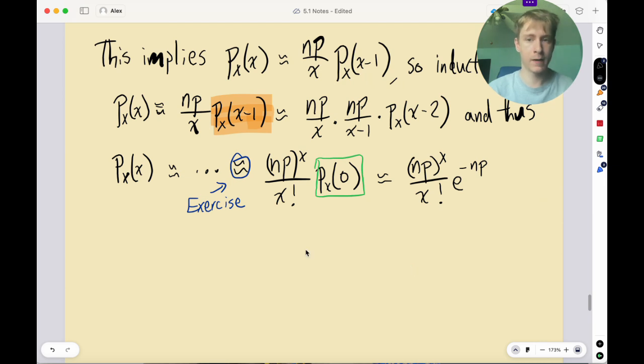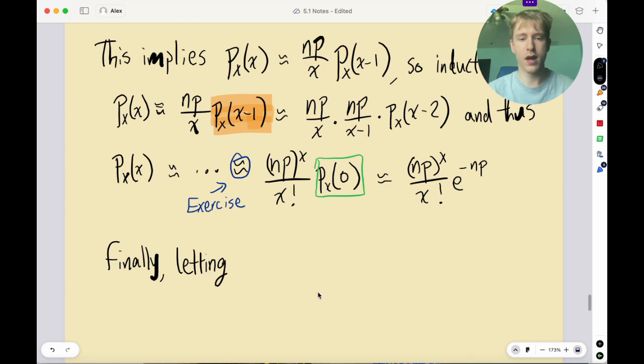Finally, we're going to make one final substitution just to make things easier, because we have this factor of np everywhere. Whenever we've made all these approximations, this isn't the binomial distribution anymore. Nothing is equal to what I just wrote down, because we assumed that for n large and p small enough, we can make all these approximations.